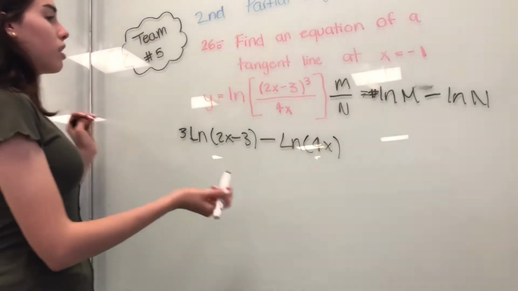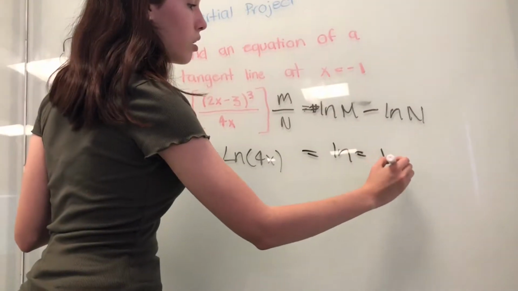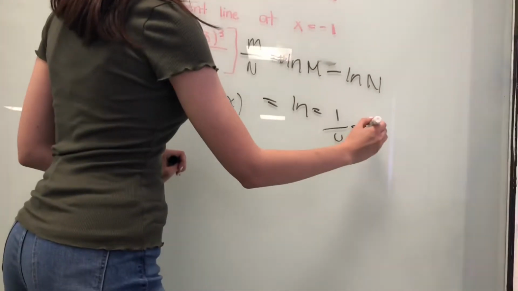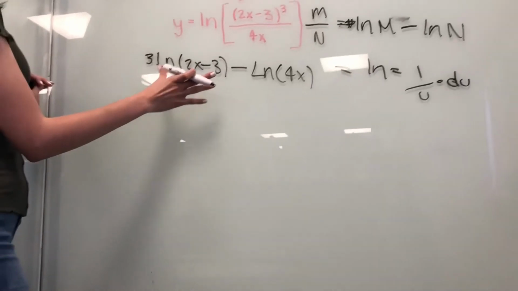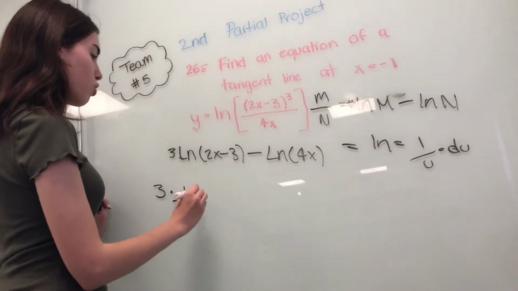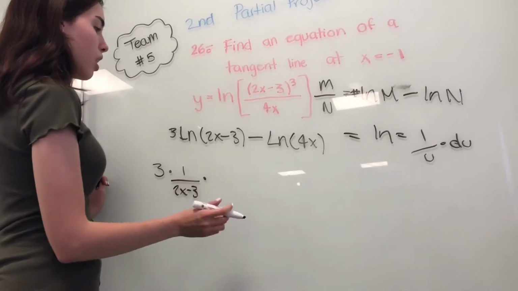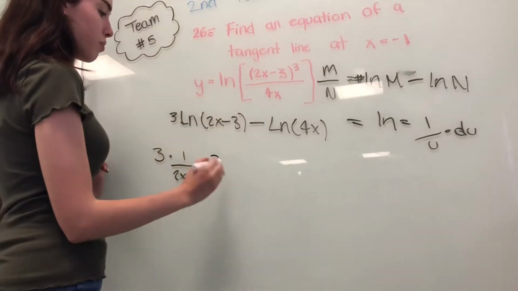The formula says that if I have an ln, it's going to be 1 over my u multiplied by the derivative of my u. So we're going to do this one first. 3 multiplying 1 over, this is my u, 2x minus 3, and the derivative of my u is going to be 2.